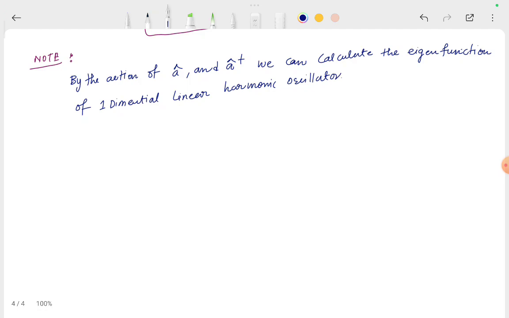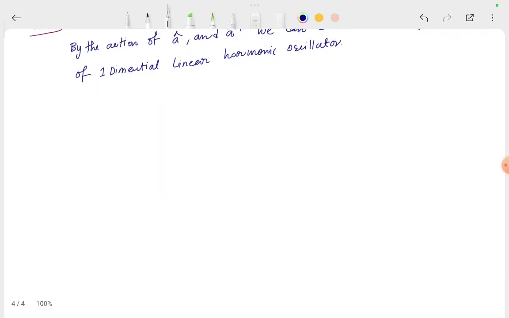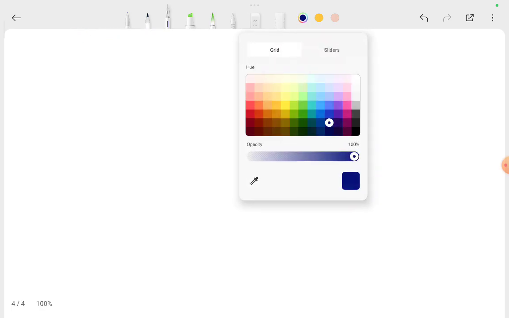Okay, so next task is we are trying to find out the ground state eigenfunction of harmonic oscillator. Ground state eigenfunction of harmonic oscillator. Let us take a heading.